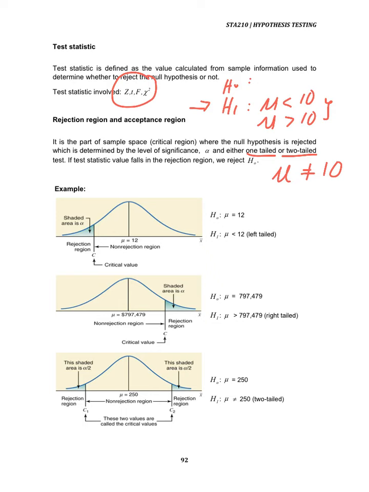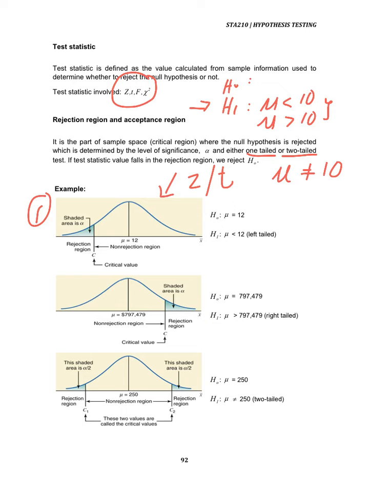Okay, look at the example. Example yang pertama ni, ya. H0 kita state mu equals to 12. H1 kita mu less than 12. So, kalau less than ni, kita kata dia left tail lah. Okay, so this one, kalau awak perasan, this figure is referring to what? Bell shape, betul tak? Bell shape ni biasanya kalau kita guna test statistik untuk Z ataupun T. Dia punya shape itu macam normal lah.